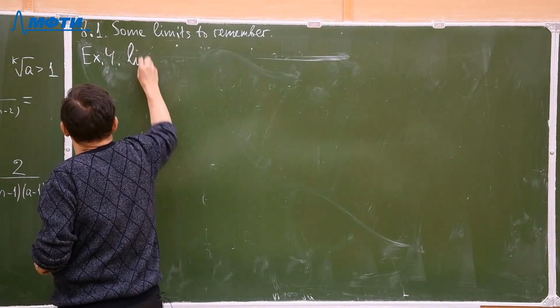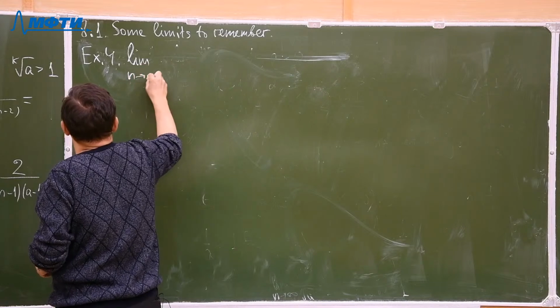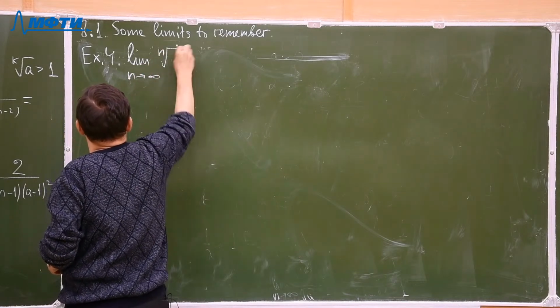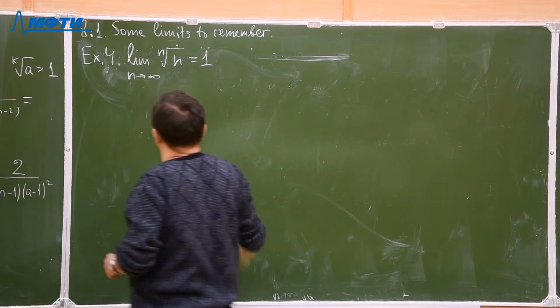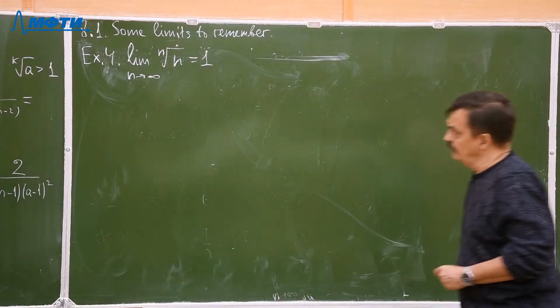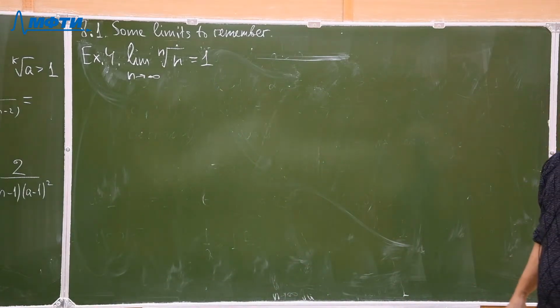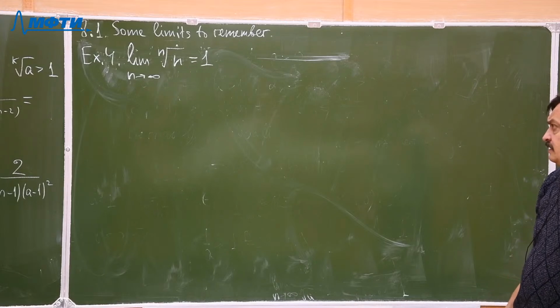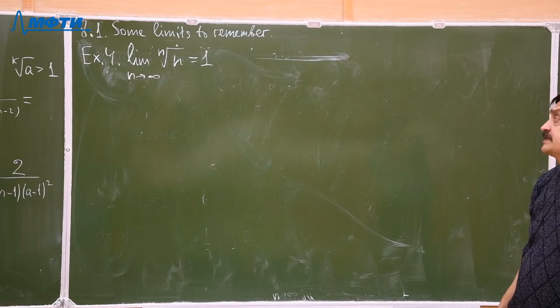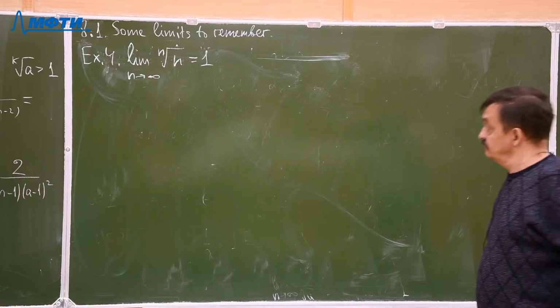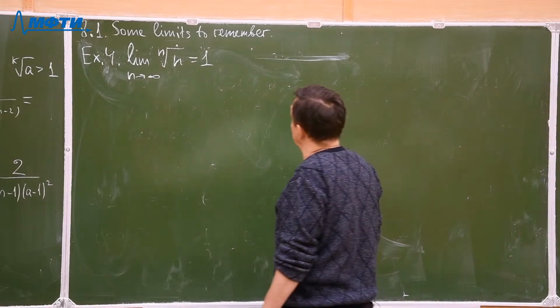The limit as n tends to infinity, nth root of n equals 1. That is, by the way, a very useful example which shows a rather strange thing at first glance.